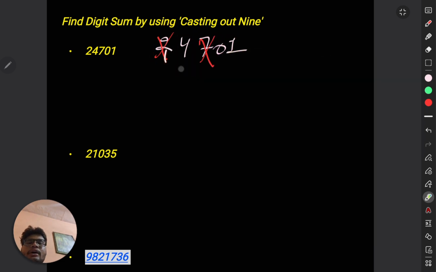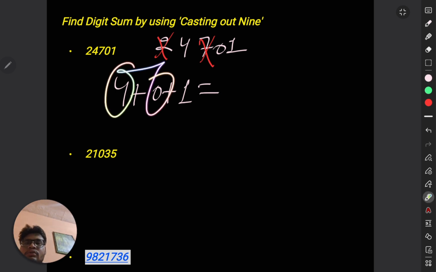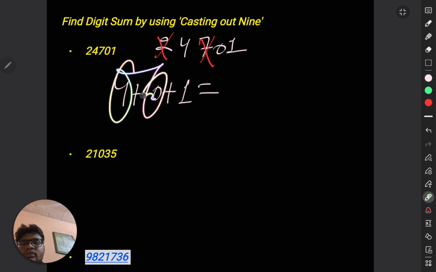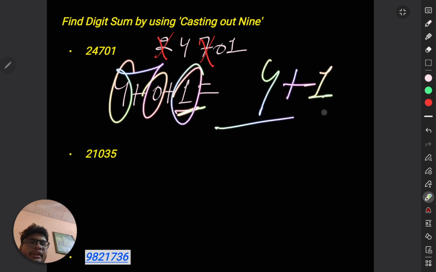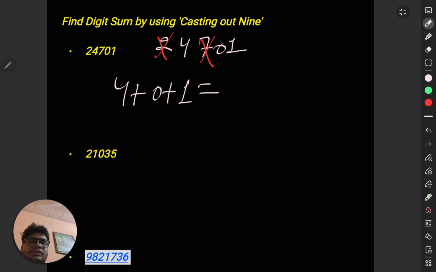So we add up these numbers: 4 plus 0 plus 1. 4 plus 0 is equal to 4, plus the remaining number 1, so 4 plus 1 is equal to 5. So the digit sum of this number will be 5.